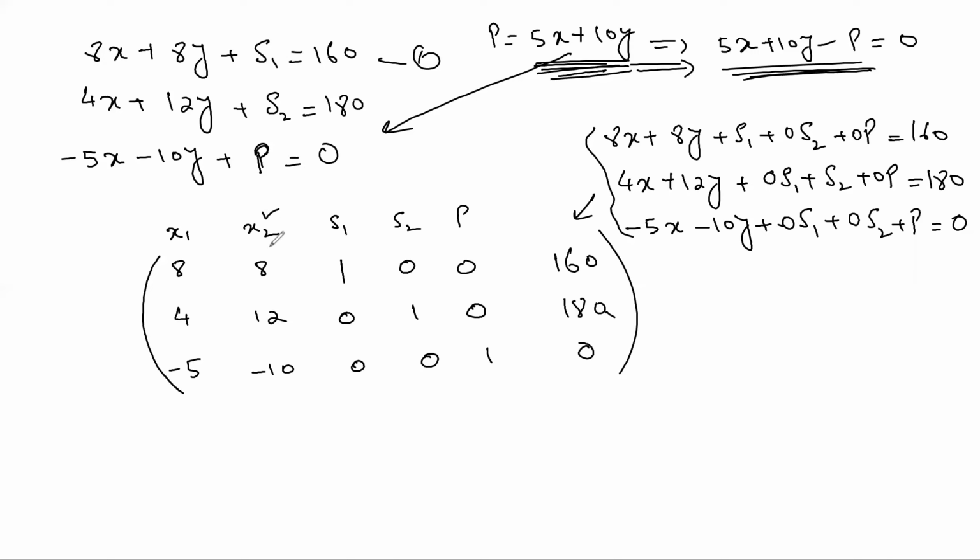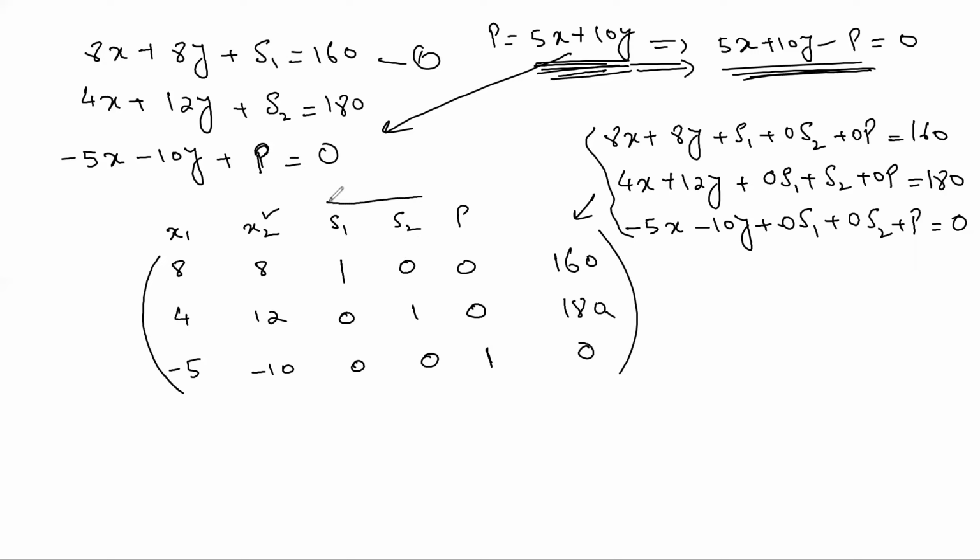Similarly, if you see x2, in x2 we don't have 1 in x2's position and the rest of the elements are also not 0. But look at s1: in the s1 column we have 1 and the rest of the elements are 0. Similarly, s2 has 1 and the rest are 0, and p has 1 and the rest are 0.